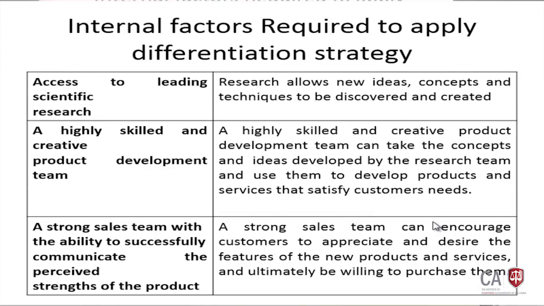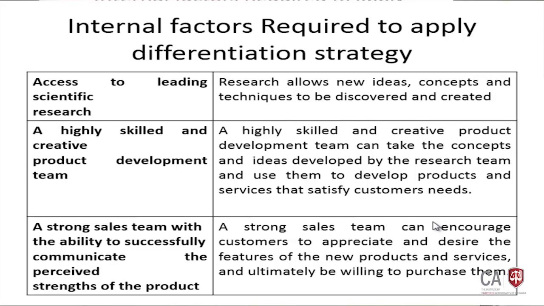Right, now we are looking at the internal factors required to apply the differentiation strategy. Now you know what the differentiation strategy is. Earlier we discussed internal factors required to apply the cost leadership strategy. Here we are discussing internal factors required to apply the differentiation strategy. There are three factors.